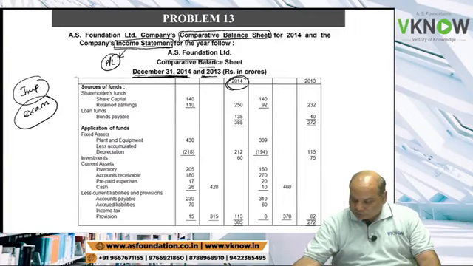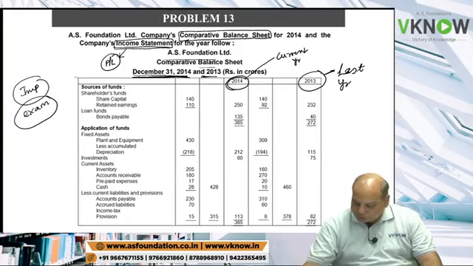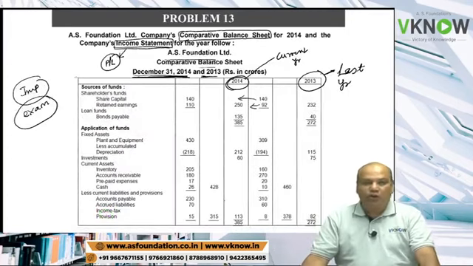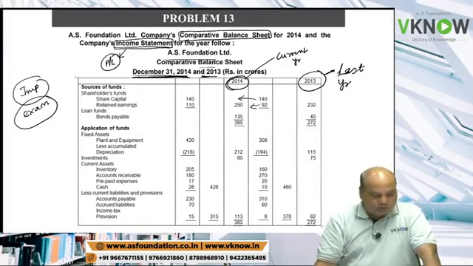Now in this question, column 14 is current year and 13 is last year. So be careful. You have to read from right to left to understand the change.